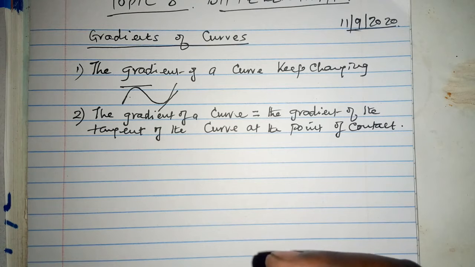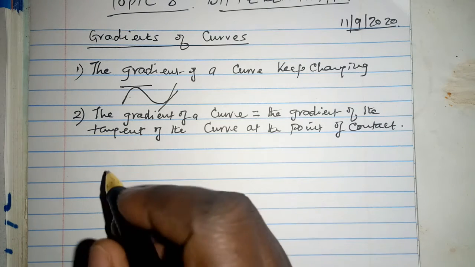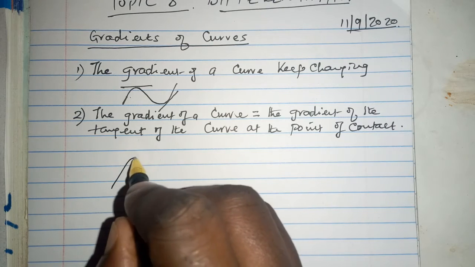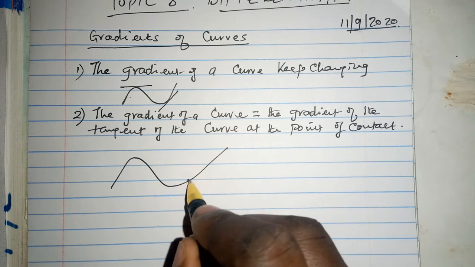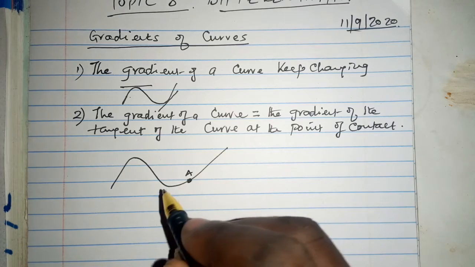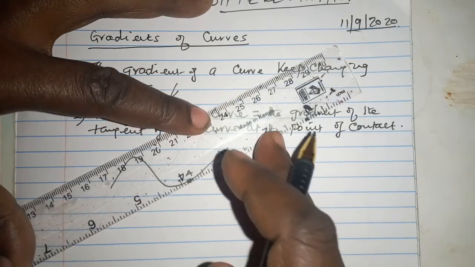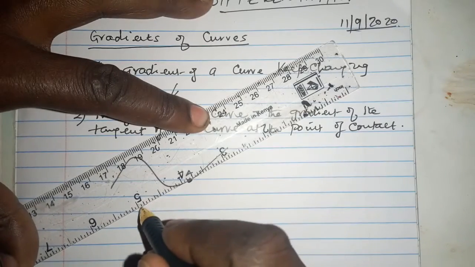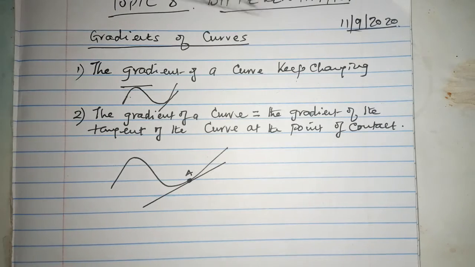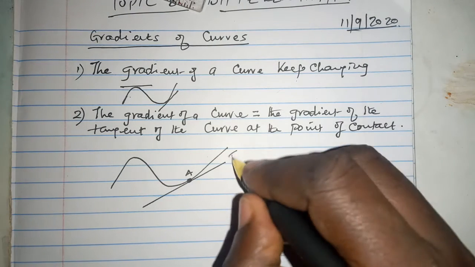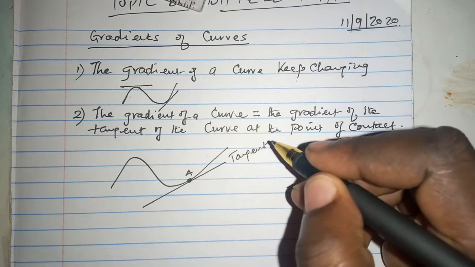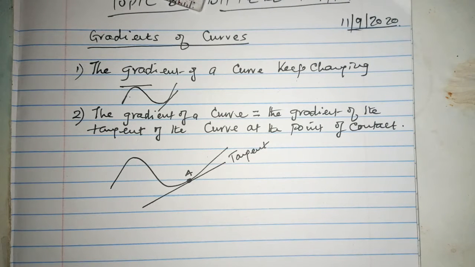Of course, when we talk about the gradient, we know what that means, and when we talk about the tangent again, we know what that means. If we are talking of a curve that looks like this, and there is a point A here, we can easily draw a tangent to the curve at point A. And please remember, the tangent of a curve is a straight line that touches the curve only once.